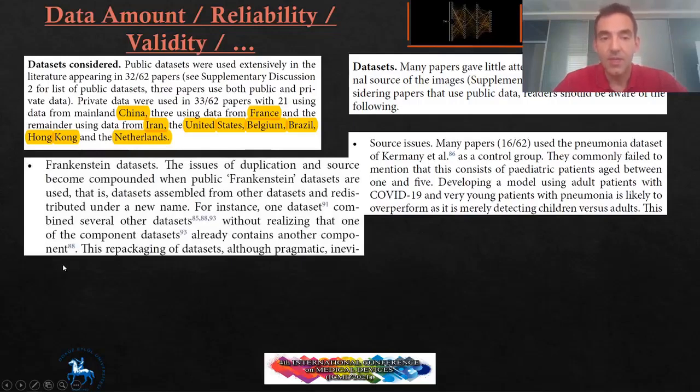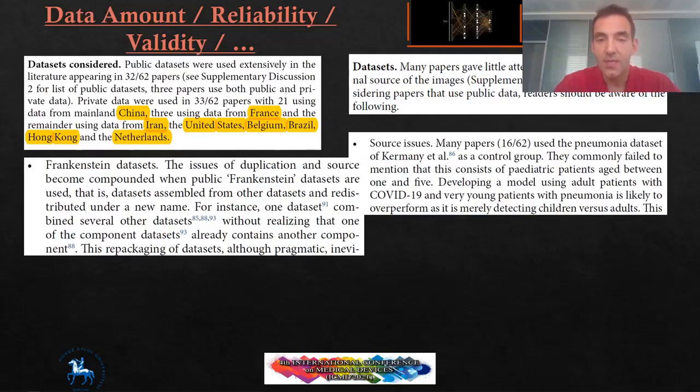And another problem is the Frankenstein datasets. The issue of duplication and source becomes compounded when public Frankenstein datasets are used. And this means that your dataset is assembled from other datasets and redistributed under a new name.